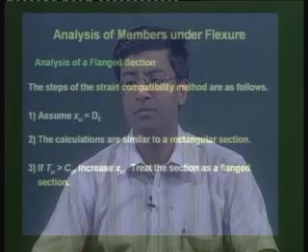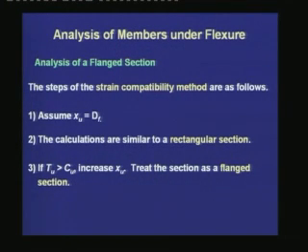Now, the steps of this method, which is called the strain compatibility method, are as follows. First, to check whether the section at all behaves as a flange section or not, we assume the depth of the neutral axis equal to the depth of the flange. This is the border case of the transition from a rectangular section to a flange section.